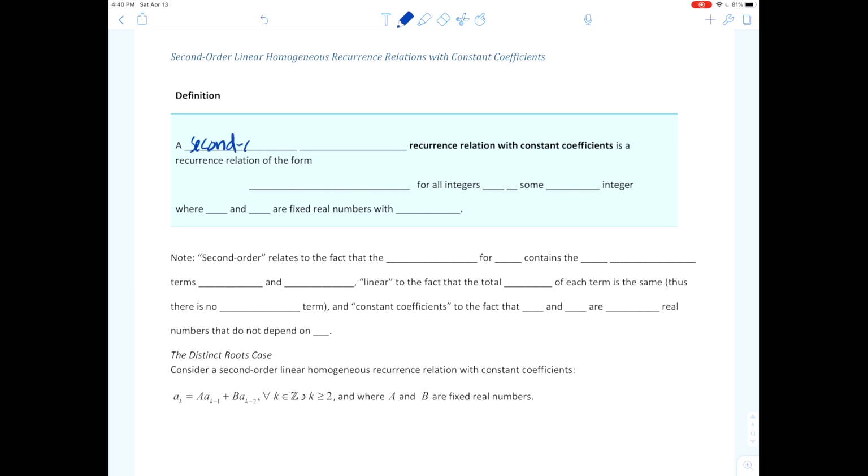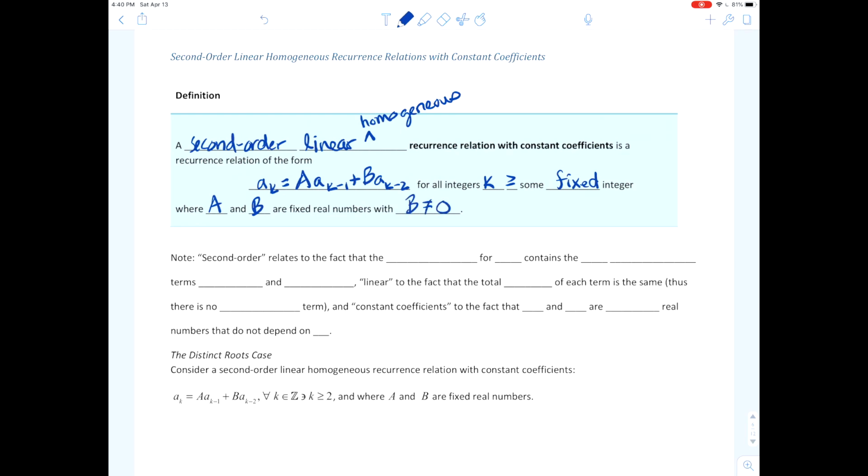A second order linear homogeneous recurrence relation with constant coefficients is a recurrence relation of the form a sub k is equal to capital A times a sub k minus 1 plus capital B times a sub k minus 2 for all integers k greater than or equal to some fixed integer, where capital A and capital B are fixed real numbers with B not equal to 0.